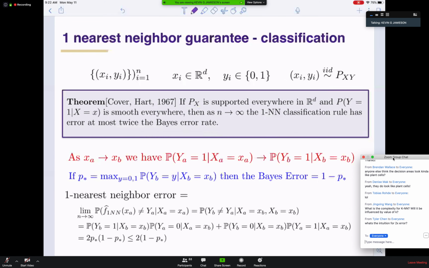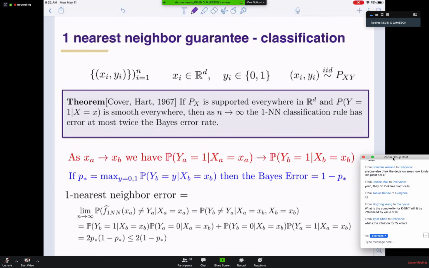I did leave a sketch here if you wanted to go through it on your own. It's a very, very simple proof, and you can generalize to k classes very easily, so I encourage you to do that. But it basically has to do with the fact that at any particular point that you want to classify, as n goes to infinity, there will be a data point right next to you.